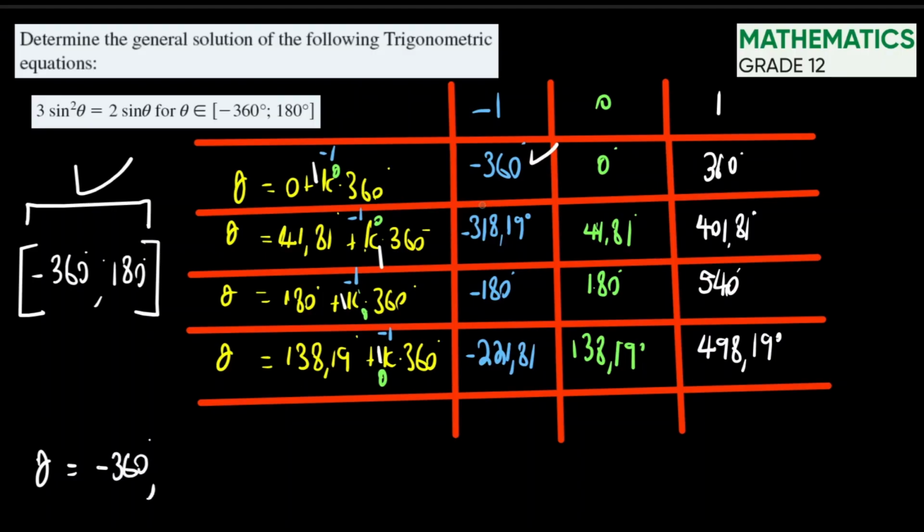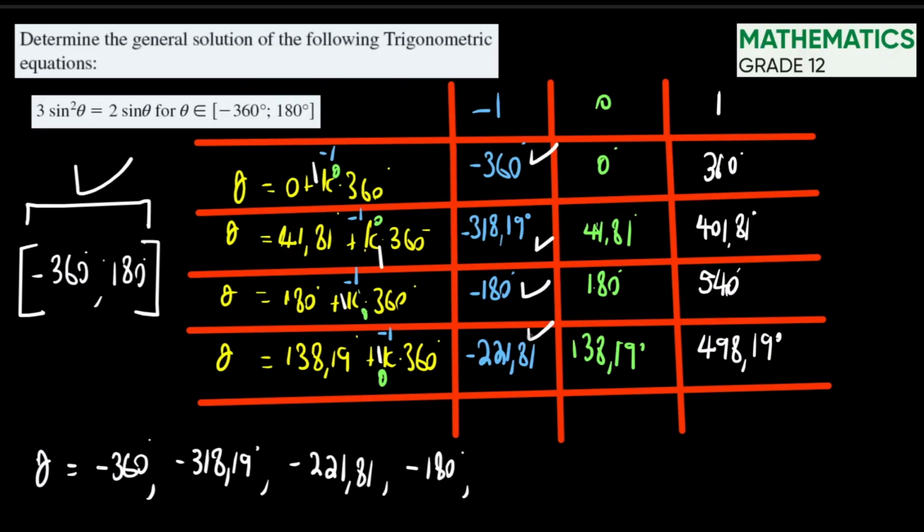Which other value lies in between? -318.19 degrees. And the next value that lies in there is -221.81. And the next value is obviously -180 degrees.